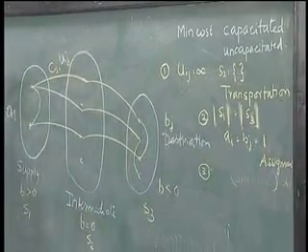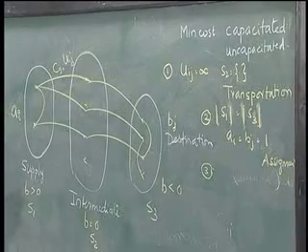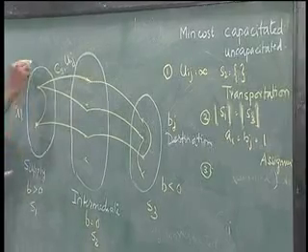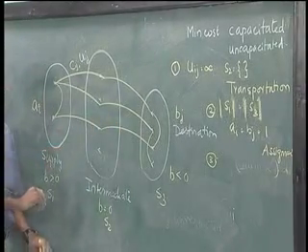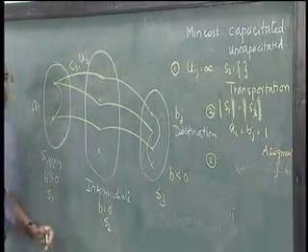Now, number 3 is, if we have only one supply point here and one destination point here and a whole set of intermediate points.